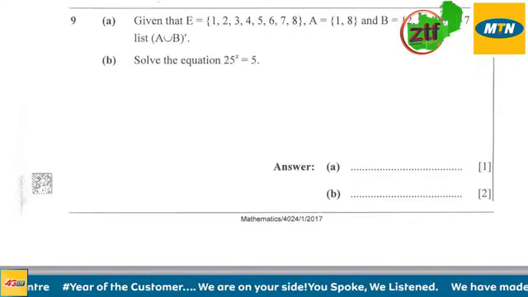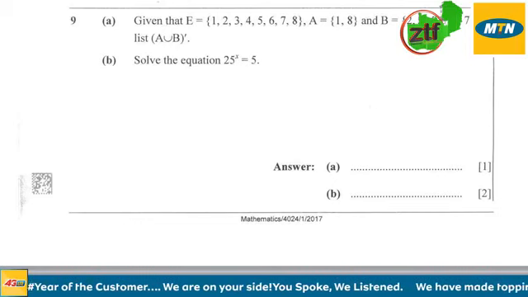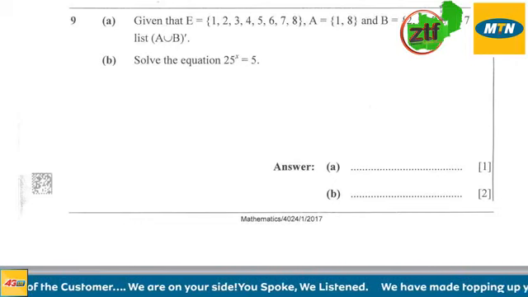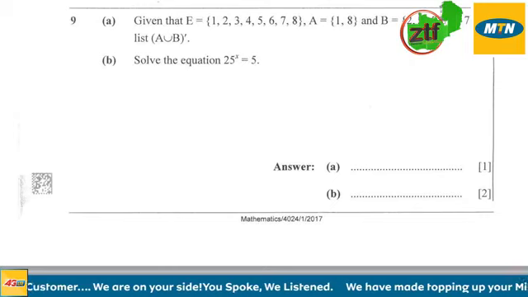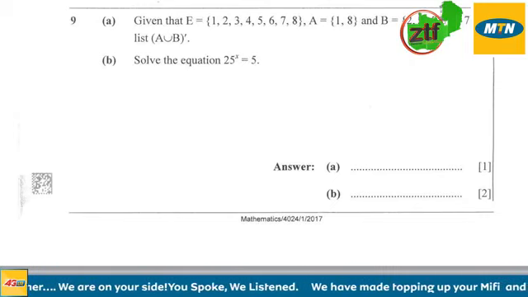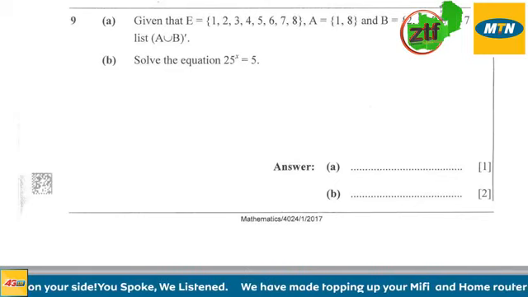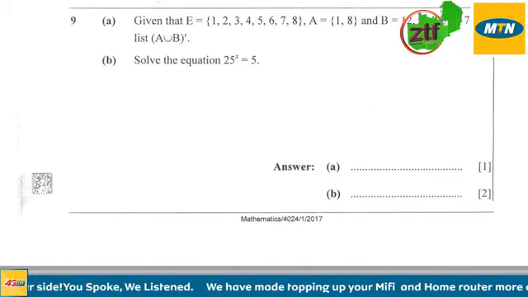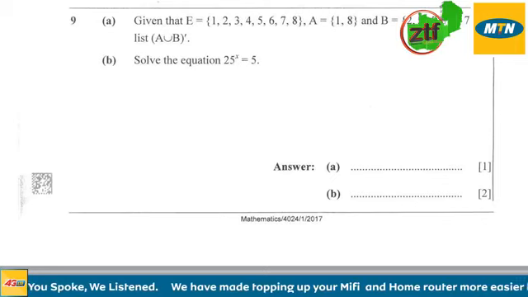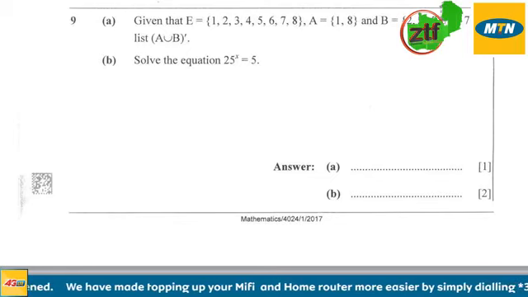Right, so the last question is question number 9. Question number 9 reads, it's on sets, and we have been given that the universal set equals 1, 2, 3, 4, 5, 6, 7, and 8.